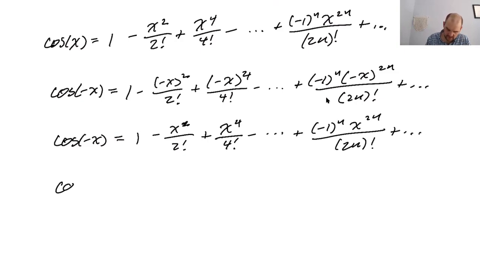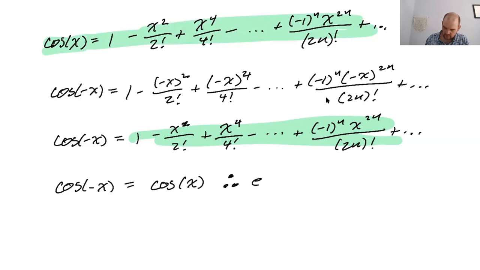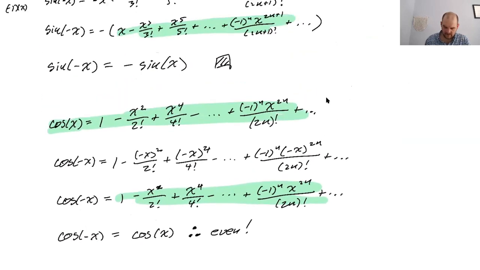But this thing that we just ended up with, all of this is the same as all of this. So that's actually just cosine. So cosine of negative x equals cosine of x. Therefore, even. Even is always a little bit easier to deal with.